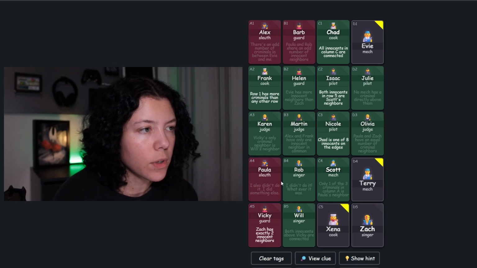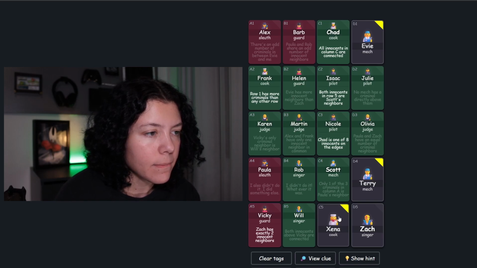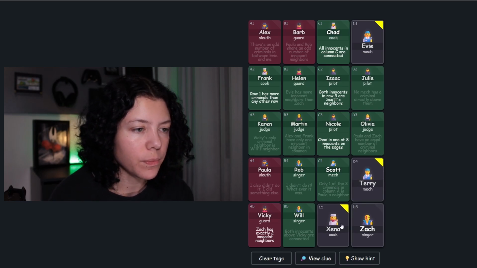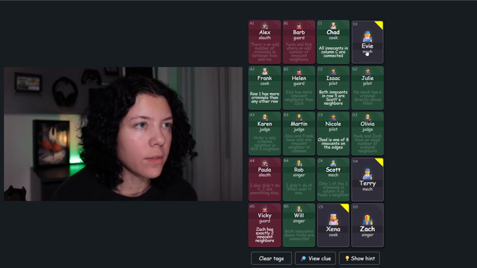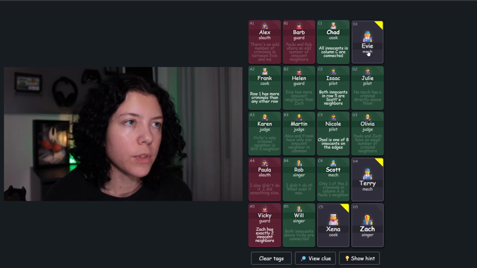And we're gonna have 1, 2, 3, 4, 5, 6. 1, 2, 3, 4, 5, 6, 7. Oh, but either way, there will be a row that has 2 criminals. So row 1 has to have Evie be a criminal in order for it to have more criminals than any other row.